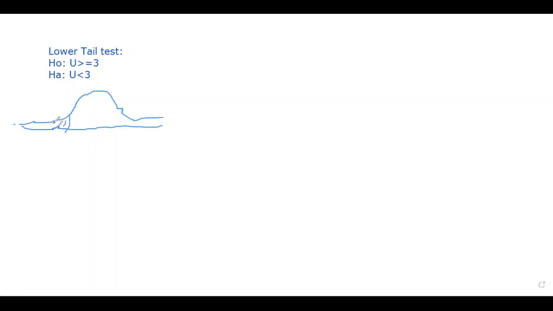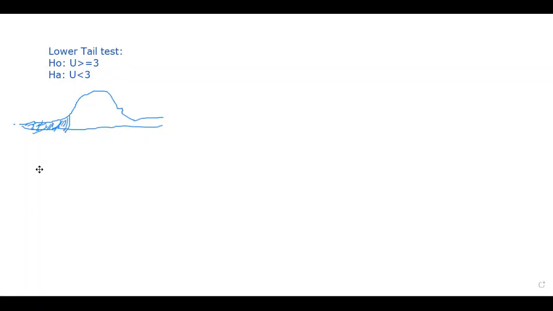You get it? Sorry, the mouse is not working like that. So the rejection region will be in the shaded region here. You get it? This is what we call the lower tail test.